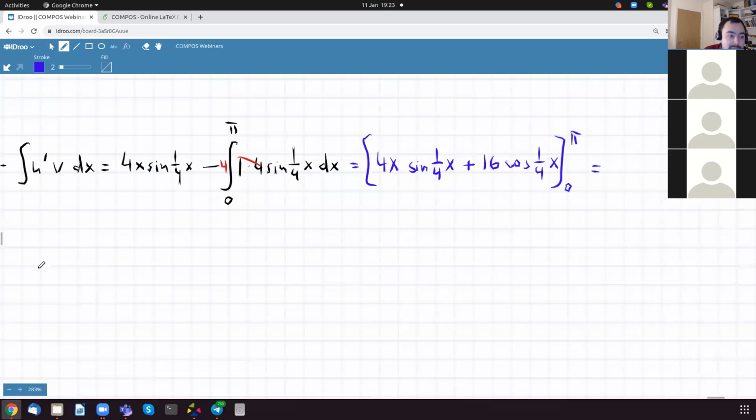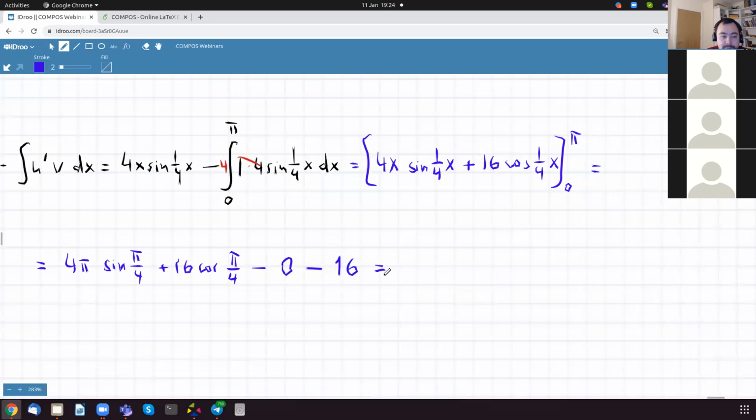So we substitute pi, we get 4 pi sine pi over 4 plus 16 cos pi over 4, minus 4 times 0 times sine 0, so 0, and minus cosine of 0 is 1, so it's minus 16.